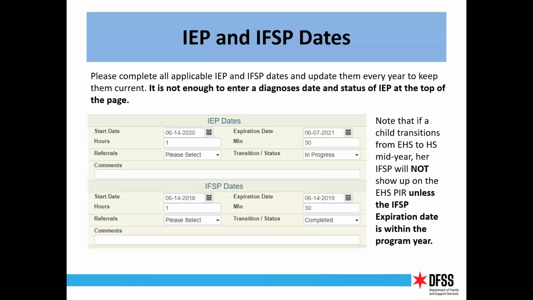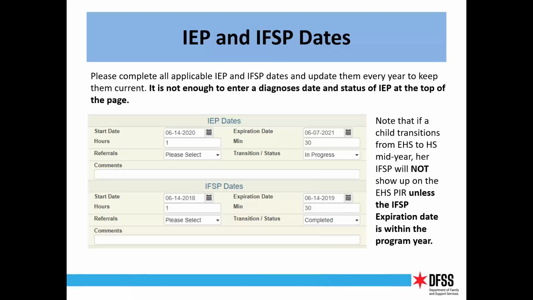So once that's happened, if their current status is no longer IFSP, but they belong on the report because their previous status was IFSP, the system is going to check and make sure that IFSP was current at some point during the program year. So if you look at the sample here, I just used today's date going backwards.